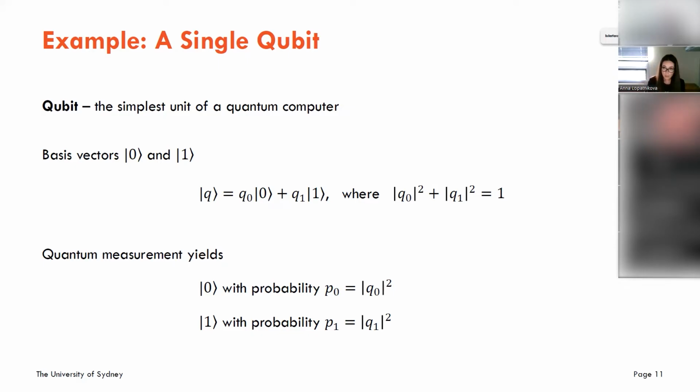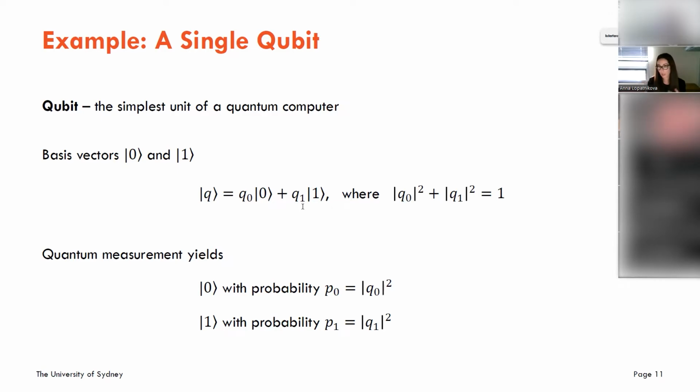A qubit is a two-dimensional quantum system that can be in a superposition of 0 and 1. You can see how that might be useful in computation. In a classical computer, if you want to run code on a bit that equals 0 and a bit that equals 1, you have to run it twice. Whereas in a quantum computer, you can run the code on both 0 and 1 at the same time if you put this qubit Q in a superposition of 0 and 1.